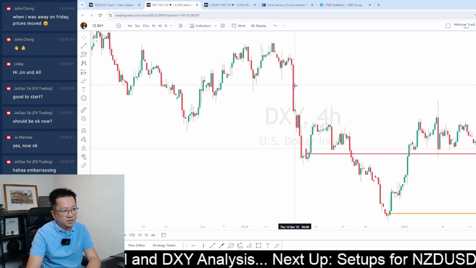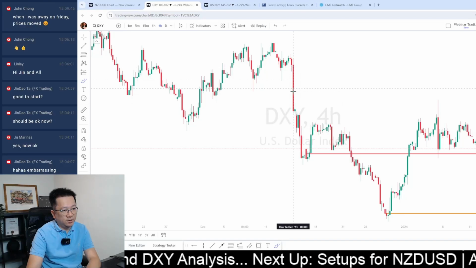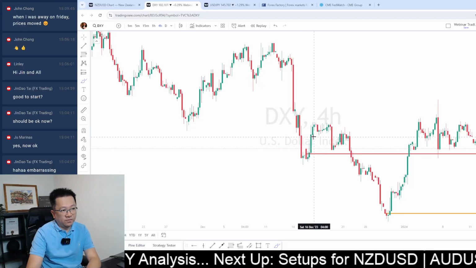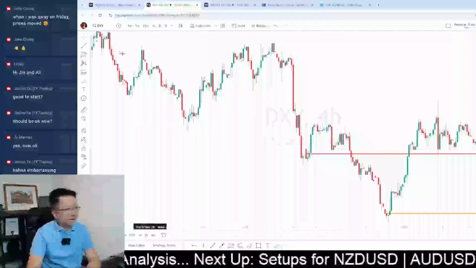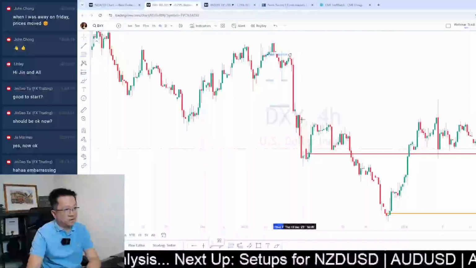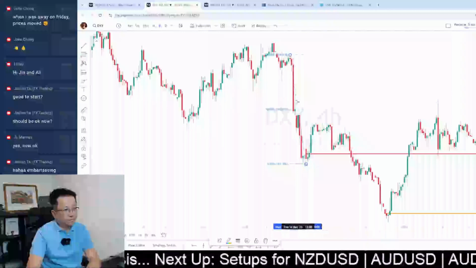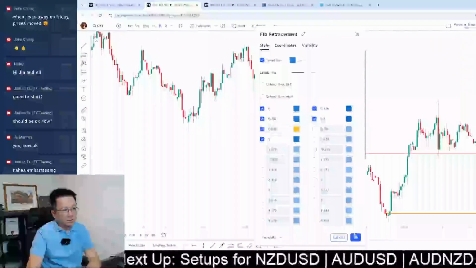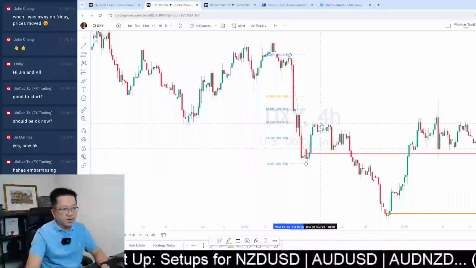So within a day, it pushed right down to 102, bounced off 102 slightly, and you see that this move came right back up to that 38.2 level.